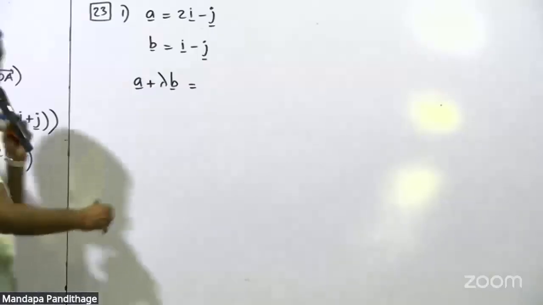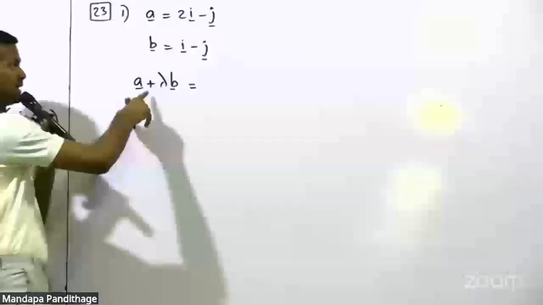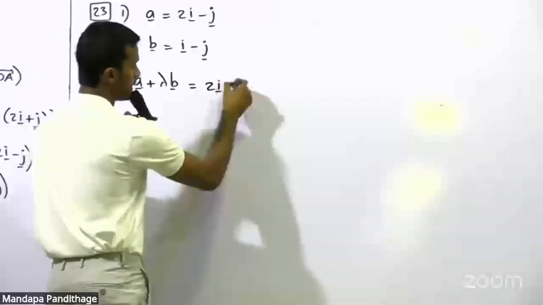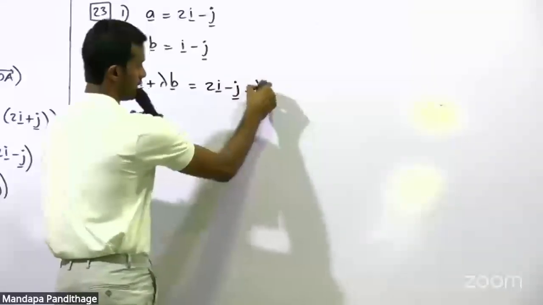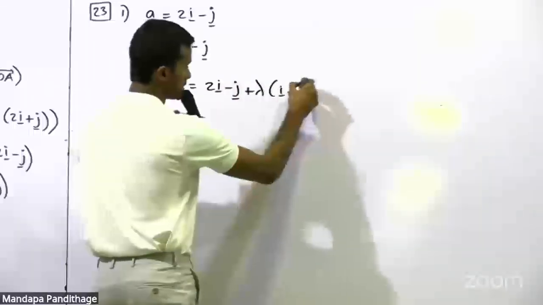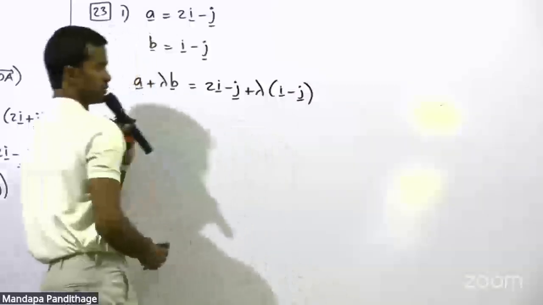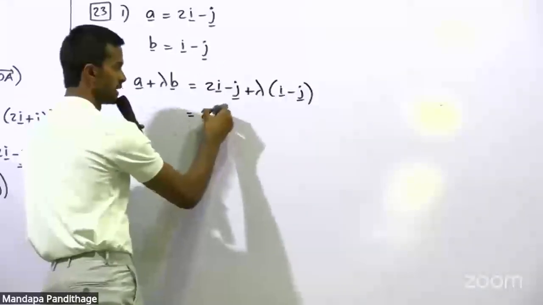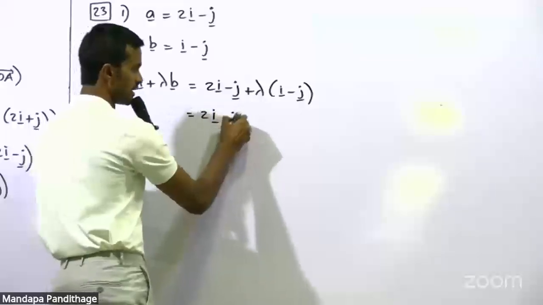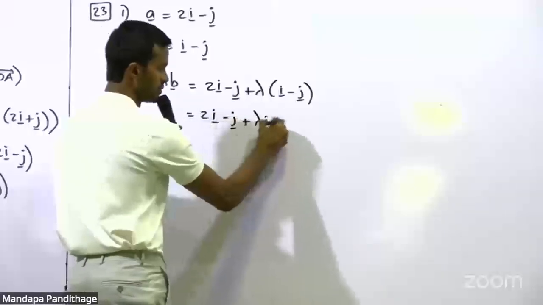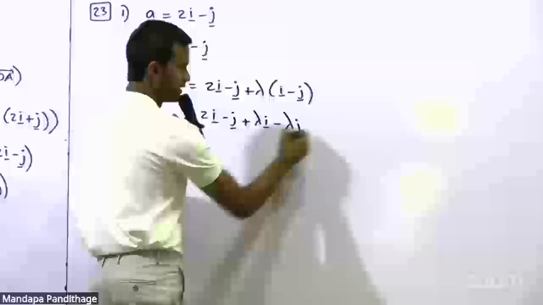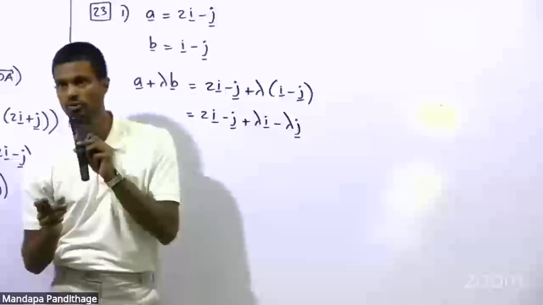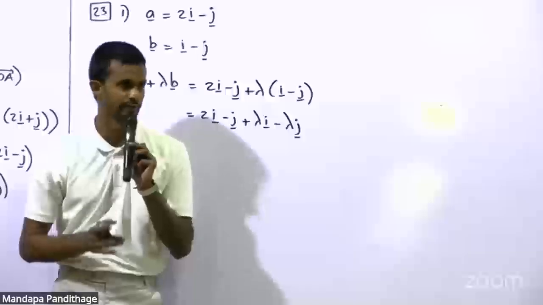Okay, now listen, look at the board. So we have this a plus lambda b vector. So what is a? It's 2i minus j. And what is b? i minus j. So first thing, when you have this i and j in separate places, it's hard to apply any of the theories, because you can remember, even in this alpha a plus beta b equals 0, first thing we need to do is bring these vectors a, b to one place.